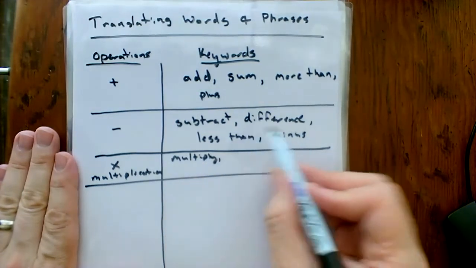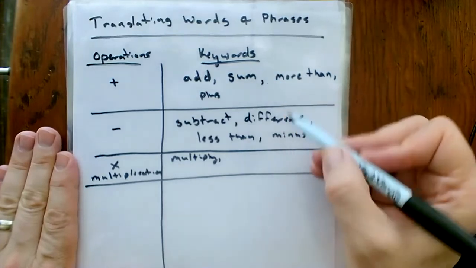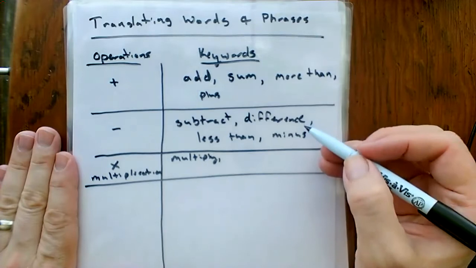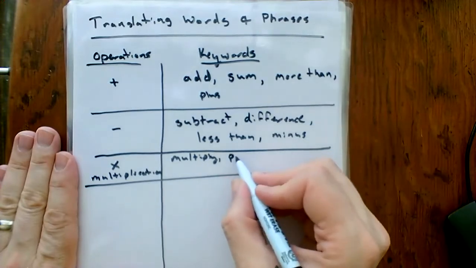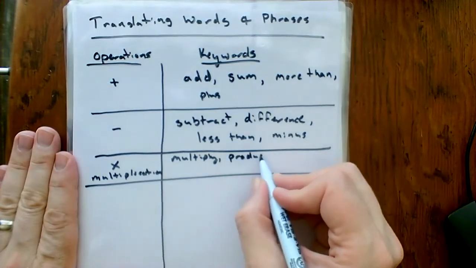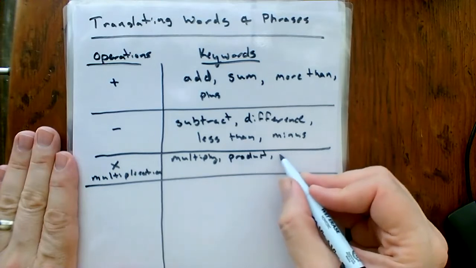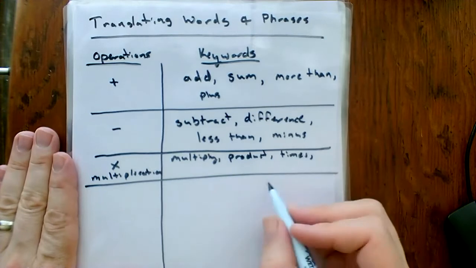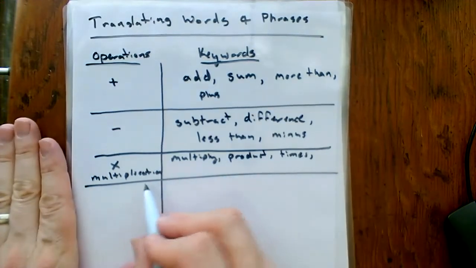And of course, what is the answer to addition? Addition is sum, for subtraction it's difference. We've also got product. I've also heard times.